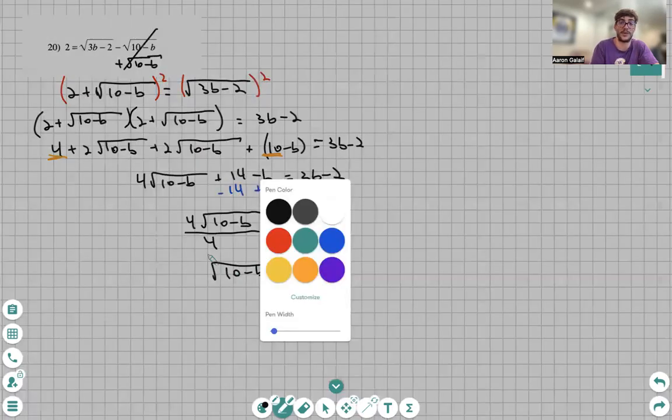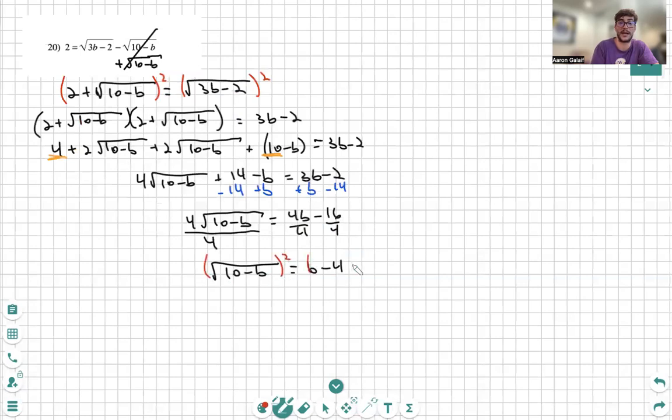And all we're going to do now is just like we did when we got the square root by itself in those beginning videos, or at the beginning of this one: we square both sides. This will cancel my square root on the left side. This will force me to FOIL on the right side, and we continue. 10 minus b is equal to b squared minus 4b minus 4b plus 16.